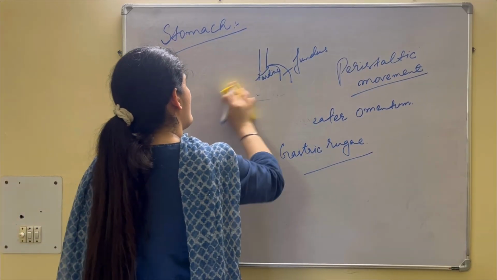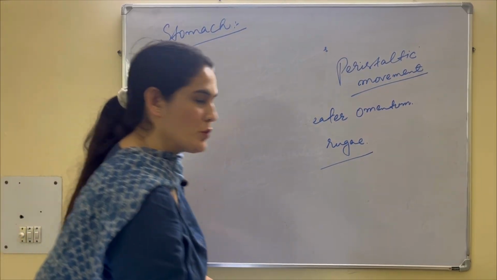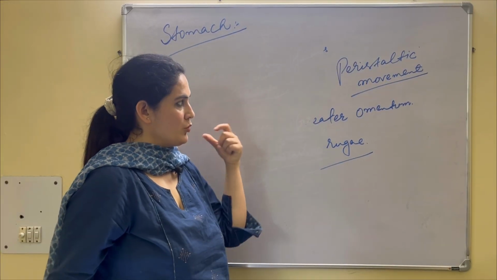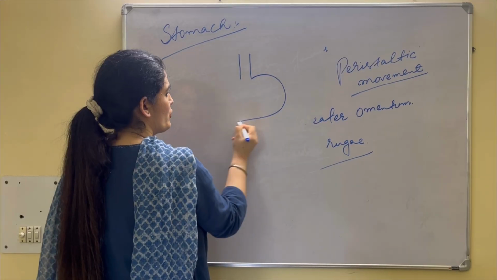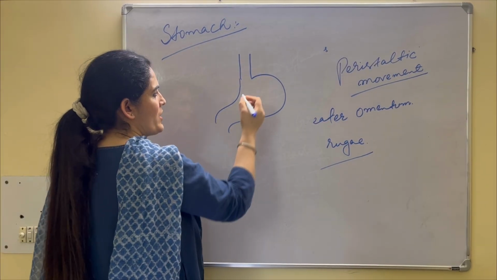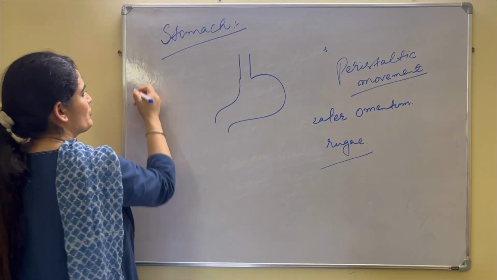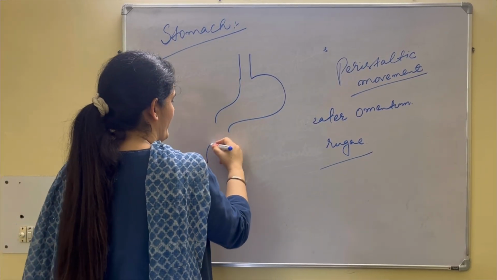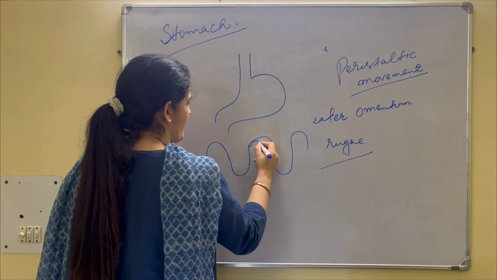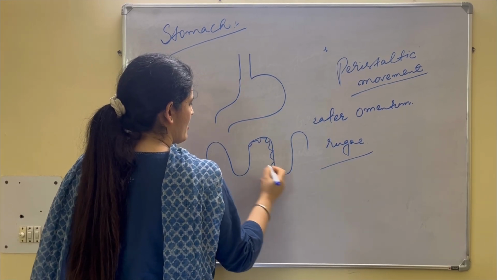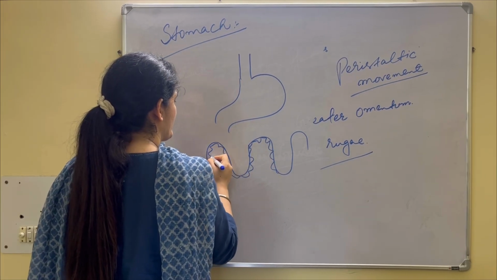In stomach, I told you some folds are present which are known as greater omentum, or gastric rugae. We have some pits also present in this, which contain some types of cells. If I draw like this, here we have some cells present. These cells are of some types.